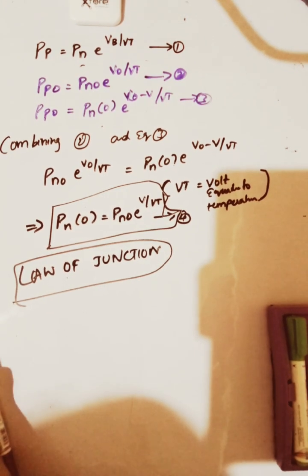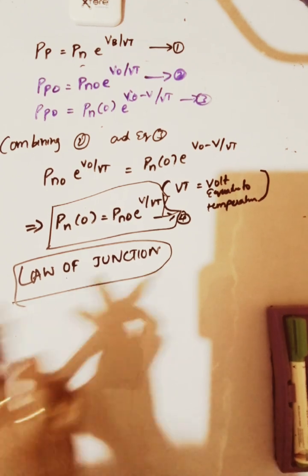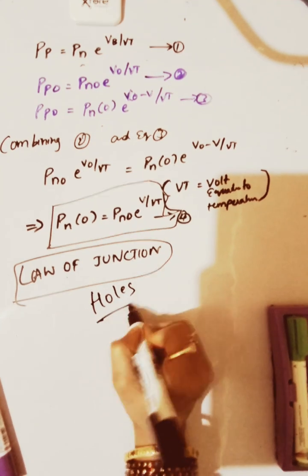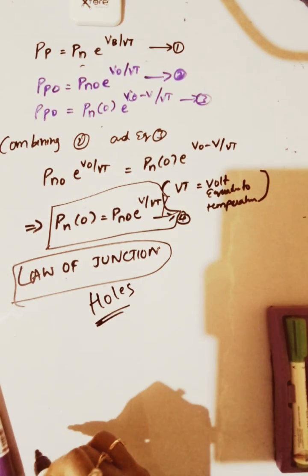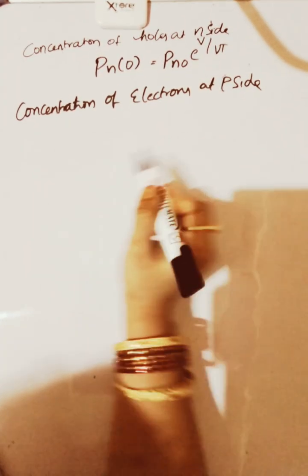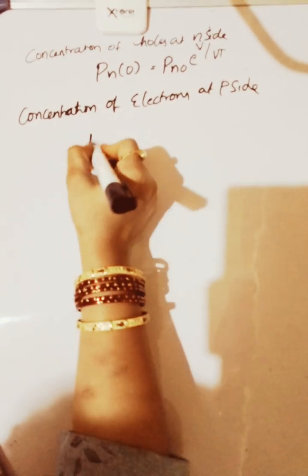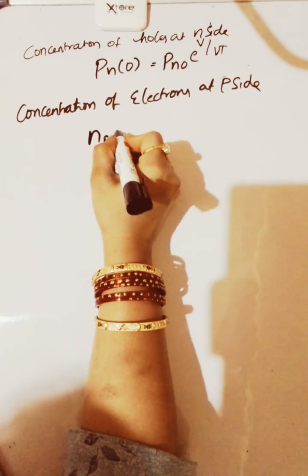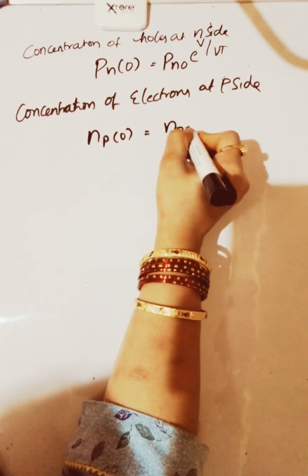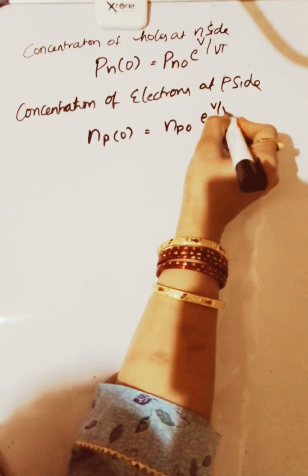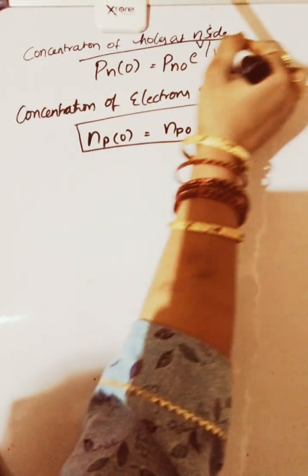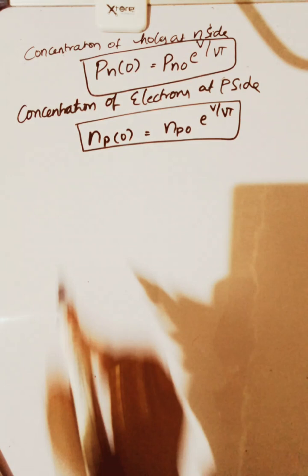Similarly for electron concentration; till here we discussed the concentration of holes. Now the concentration of electrons at the p side, np(0), is equal to np0 e to the power of V by Vt. This is the concentration of electrons at the p side, and the earlier one is the concentration of holes at the n side.